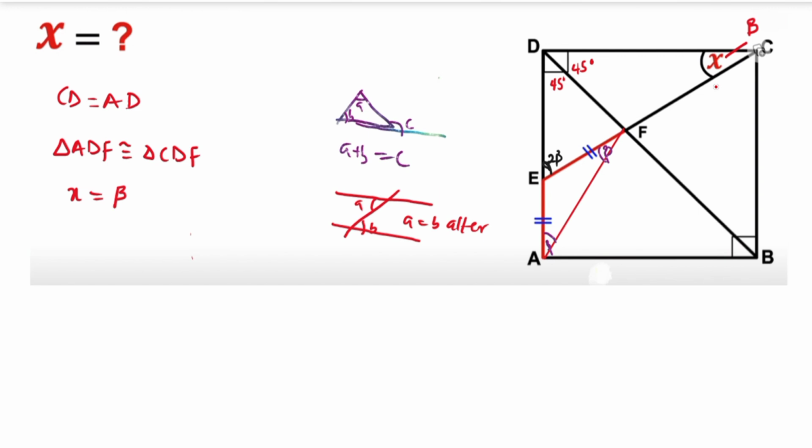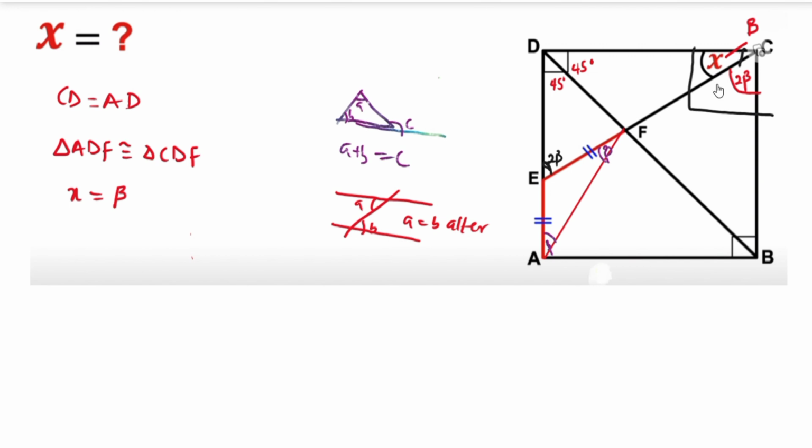So we can establish that this forms alternate angles. And don't forget, this is a square, so everything here is angle 90.